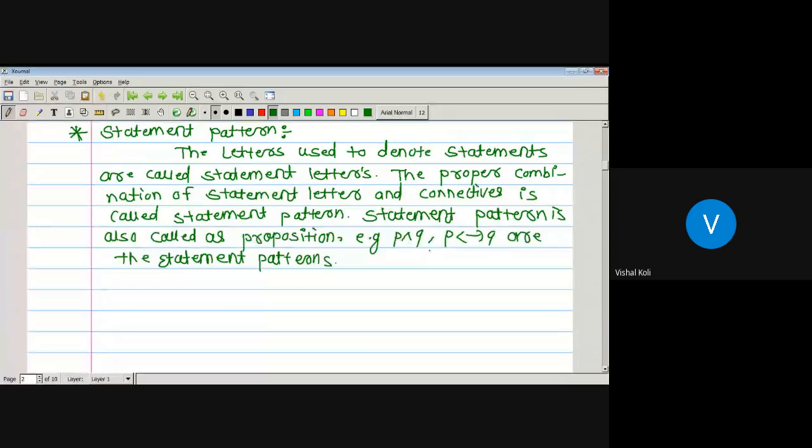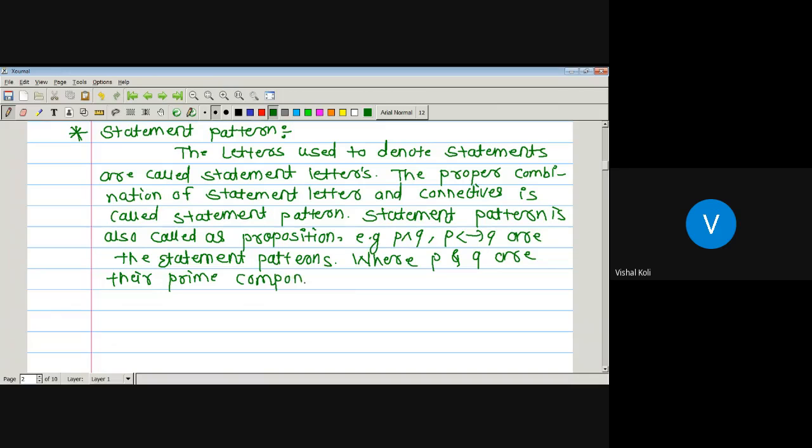So these are the statement patterns where P and Q are their prime components.